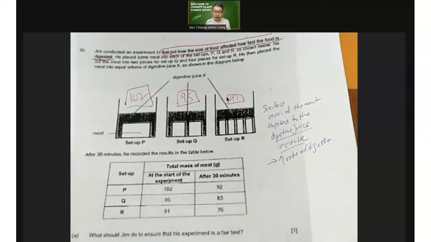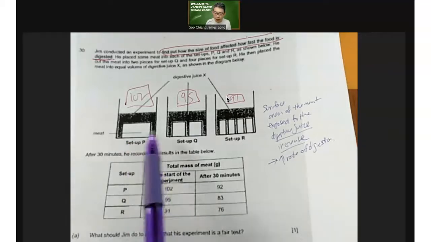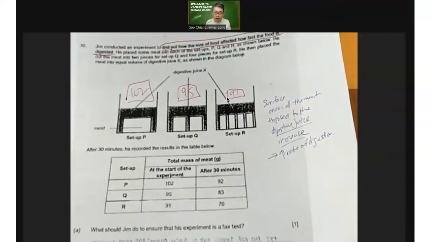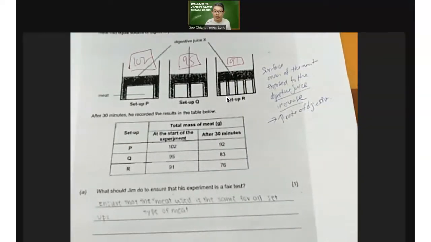But here it's not about the exposed surface area to the liquid. It is about the size of food. So actually all these are of different sizes. So therefore, what is not fair here is they shouldn't have cut it up into many smaller pieces. Alright? So what should Jim do to ensure the experiment is a fair test? He should ensure that every beaker contains only 1 piece of meat and not many pieces of meat.